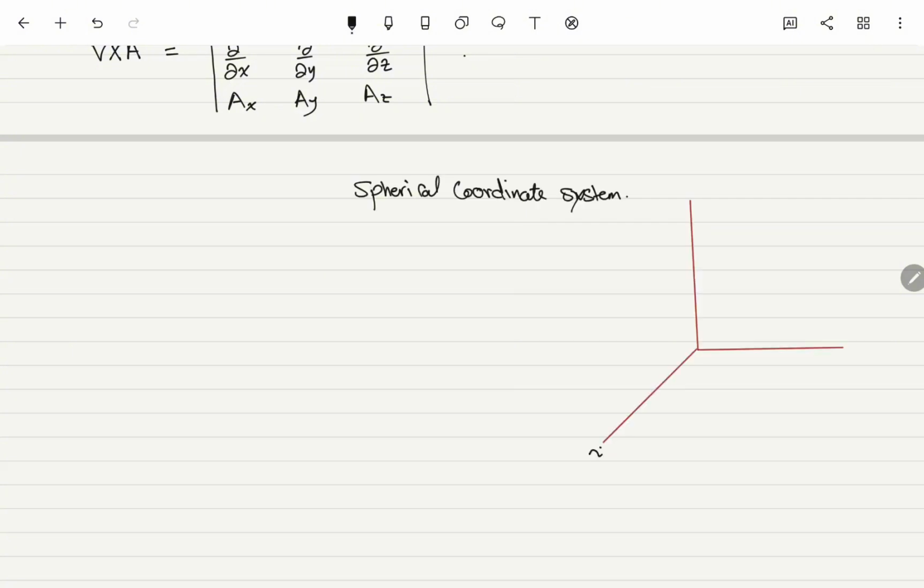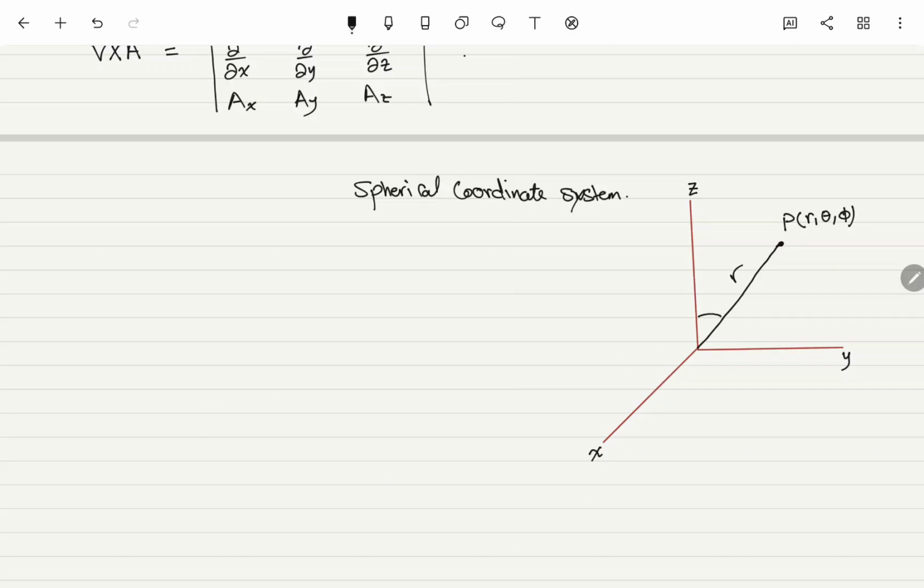If this is x, y, z, now we have a point P right here. It has a position in spherical coordinates, which we write as r, theta, phi. Now r here is the distance from the origin, so this is r.